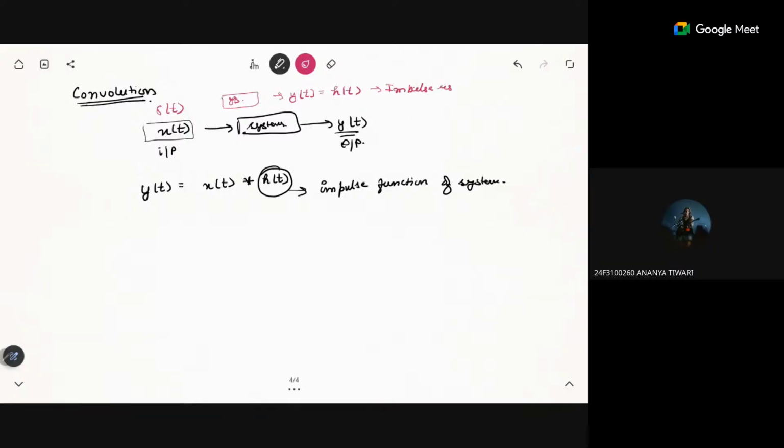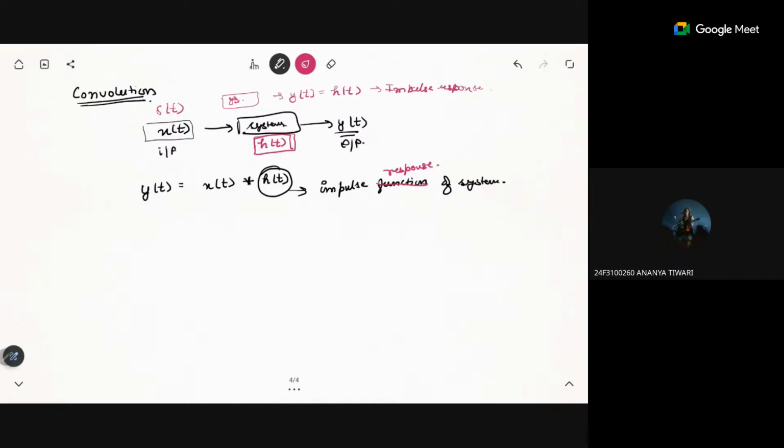When the input is a delta function, the output is the impulse response of the system, and we denote it like this. So it's basically the transfer function of the system. It defines the system.